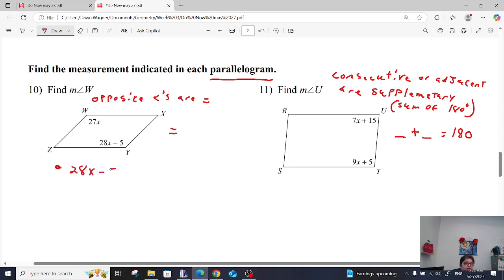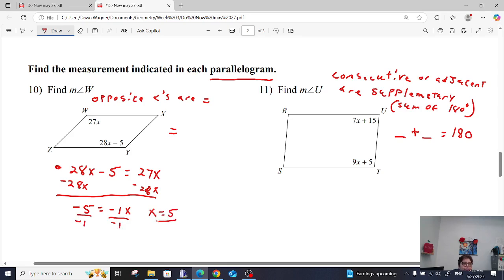So these two, I would just say, oh, 28x minus 5 has to equal 27x. You want to make sure you're separating the variable and the constant. So you get negative 5 equals negative 1x. Divide by negative 1. X is equal to 5.